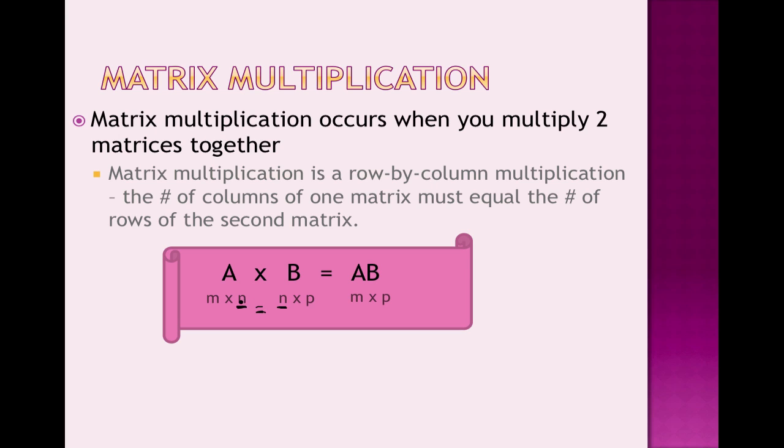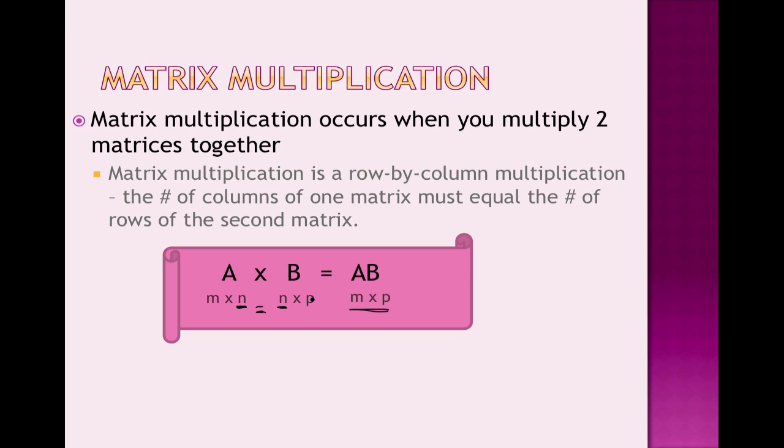So as long as the middle terms in our orders are the same, we can multiply matrix A by matrix B. What's going to result is a new matrix of order m by p. This would be the new order of the matrix: the number of rows of your first matrix by the number of columns of your second matrix.